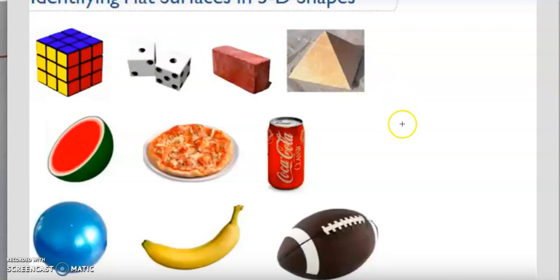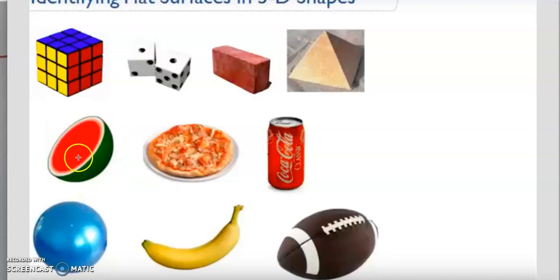Okay. And if you look at this half of watermelon, this object has both flat and curve. Yes, so it's like over here, this side, the red side is flat, right? But over here, the outer part of the watermelon is curved.